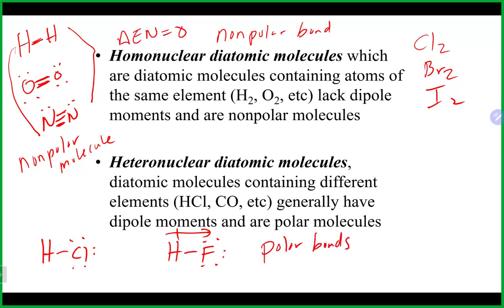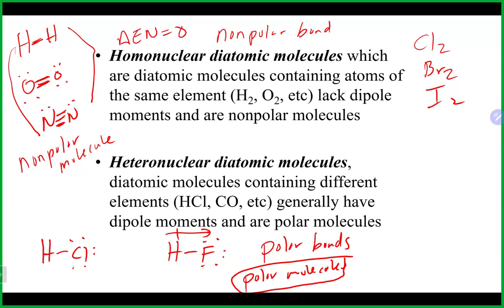And once again, because it is only a diatomic molecule and there's only one bond present, and that one bond is polar, then this molecule has to be a polar molecule as well. So diatomic molecules are the easiest ones to determine. If you have a polar bond, then you have a polar molecule. If you have a nonpolar bond, you have a nonpolar molecule. Again, when you're dealing with only two atoms, diatomic molecules.